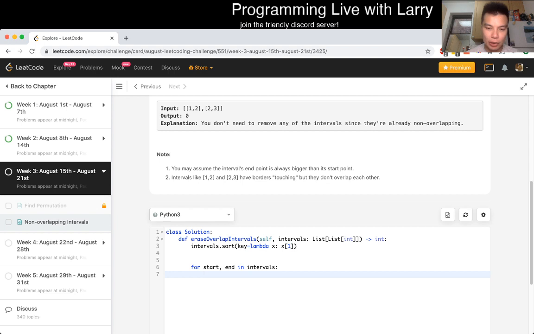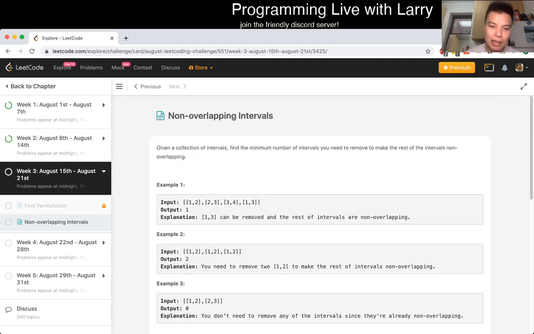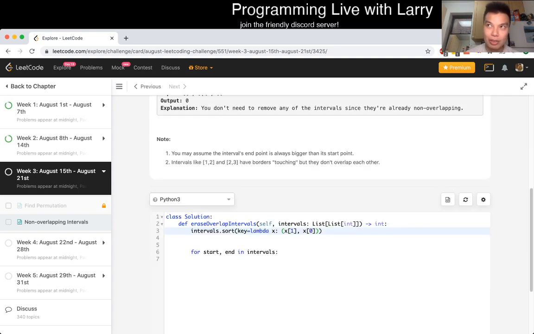Effectively we sort by the end of the interval, and let's also sort by the start, because given two intervals with the same end, we want to get the one that's earliest and then remove that one, right?